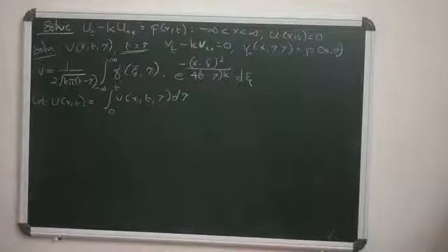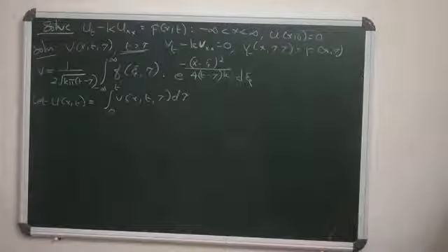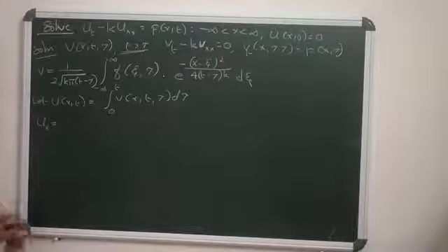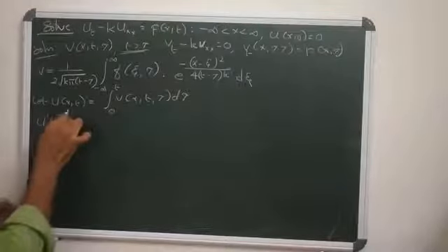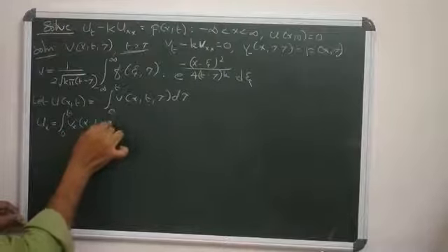So u(x,t) equals the integral from 0 to t of v(x,t,lambda) d lambda, and u_x equals the integral from 0 to t of v_xx(x,t,lambda) d lambda.